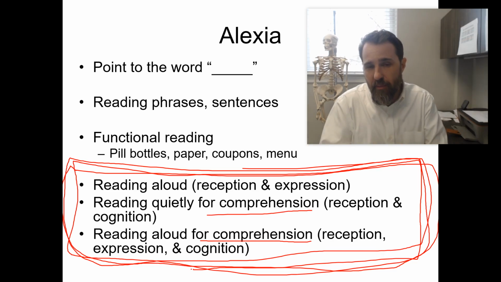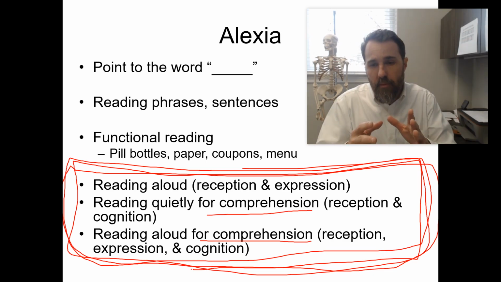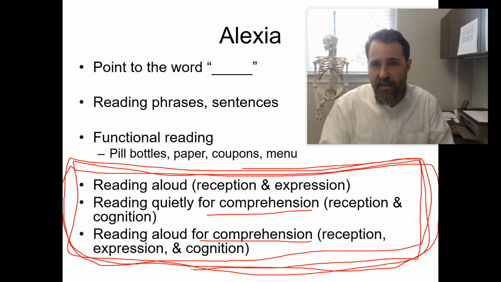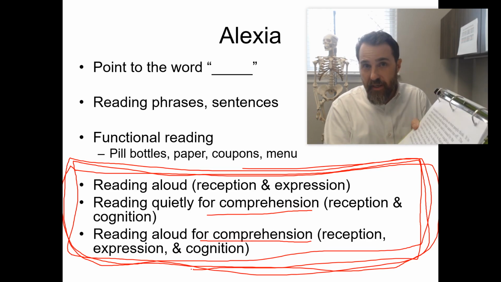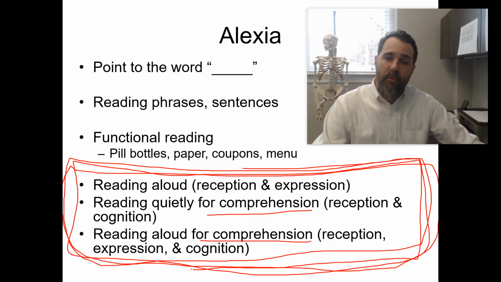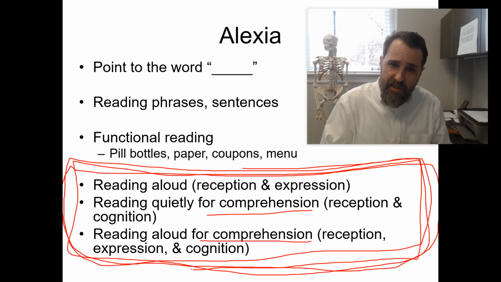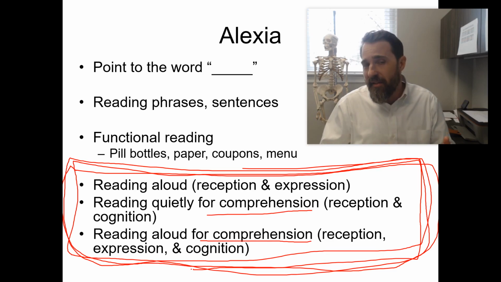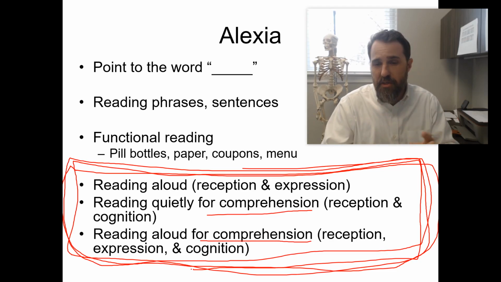And you have to drill down a little bit more to isolate it to reading or sustained attention or short-term memory. Now, you can ask them to read the passage aloud, and then you take the passage back and ask them questions. That is going to require them to have intact visual reception, intact verbal expression, because they're saying it out loud, and then intact sustained attention and intact short-term memory for them to respond to your questions appropriately.